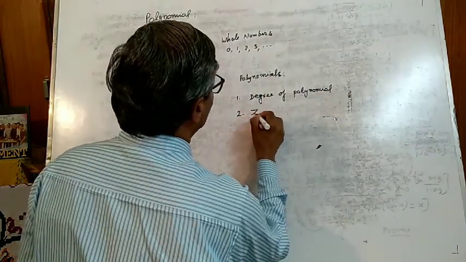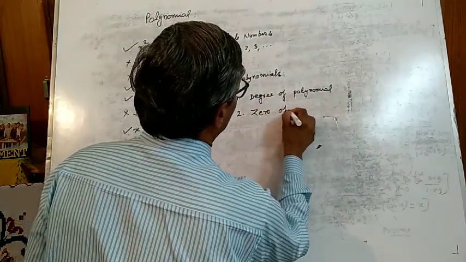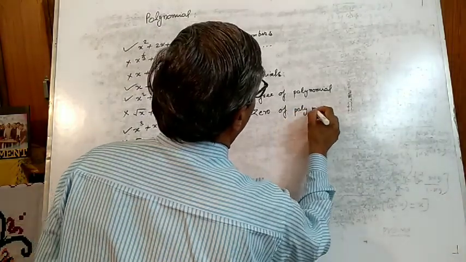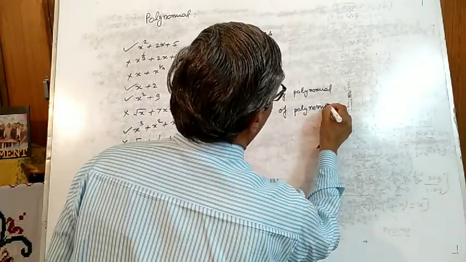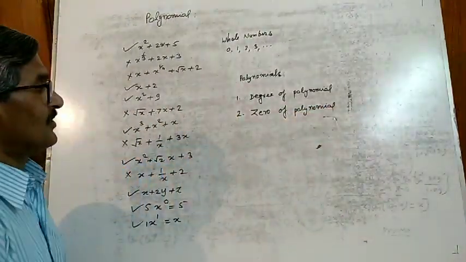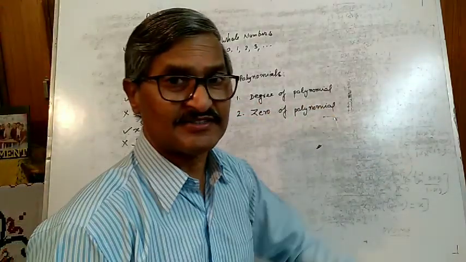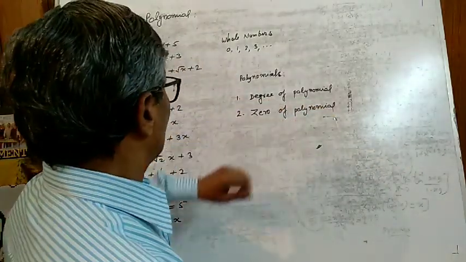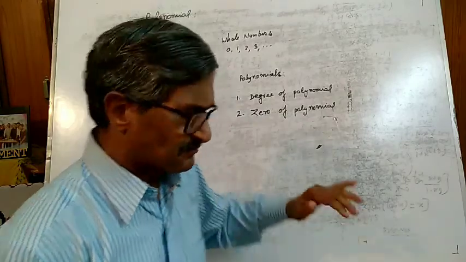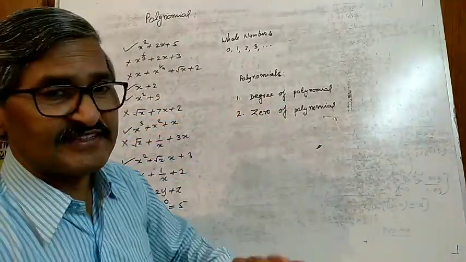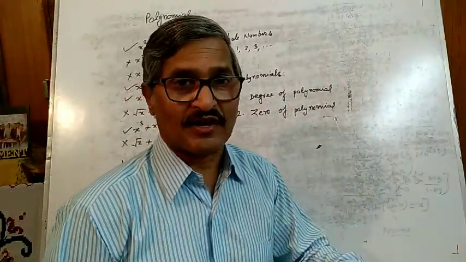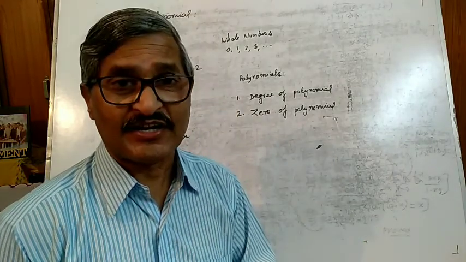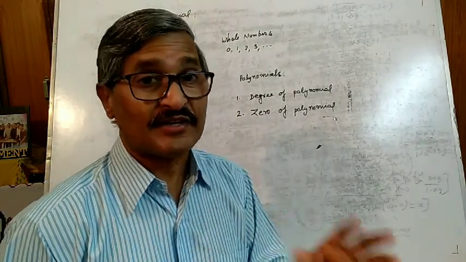Second, zero of polynomial. Now what is degree of polynomial? So definition is, in the polynomial, highest exponent of the variable involving in the polynomial.